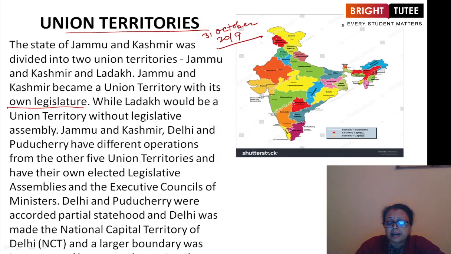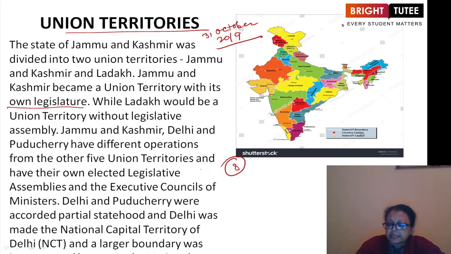These union territories have special features different from the other 5, because the number of union territories is 8. Out of these, 5 have a different status, and 3 have their own elected legislative assemblies.